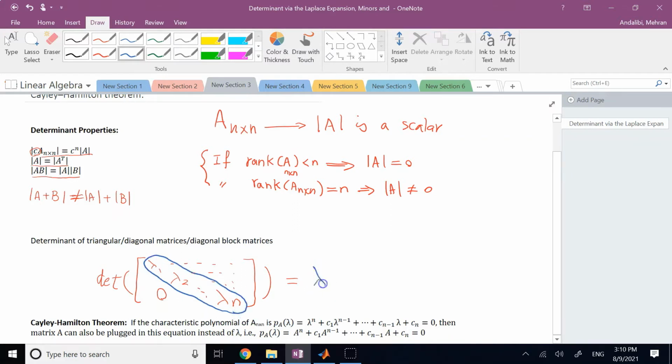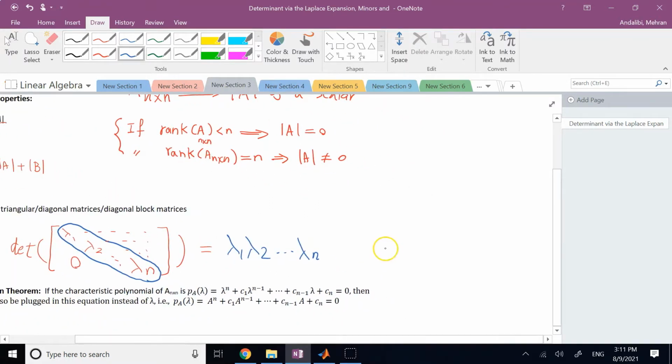So it is going to be lambda 1, lambda 2, all the way to lambda n. And of course, when it's diagonal, that's the same thing, because diagonal is a triangular matrix. And if you have what we call a block matrix, so you have a matrix A, which itself is composed of augmenting several other matrices, like you have B, you have C, you have D, and 0.